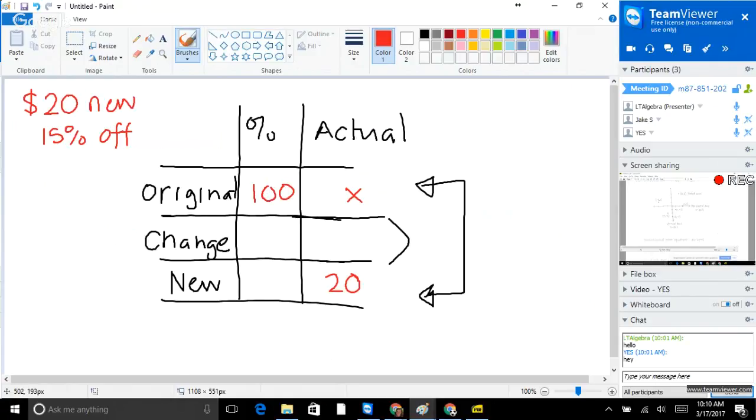If something's 15% off, it goes down 15%, so my new percent is 85. Once I have these two filled in, I can say X over 100 equals 20 over 85, and I can solve from there.